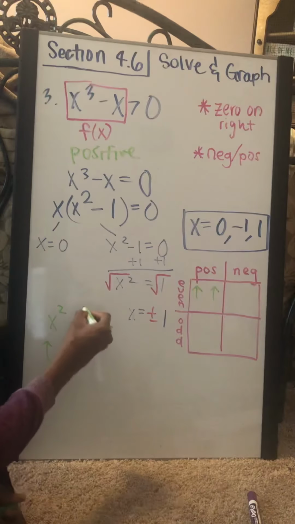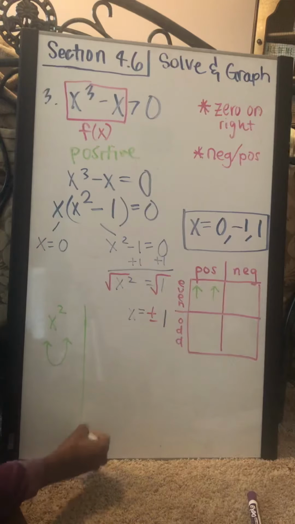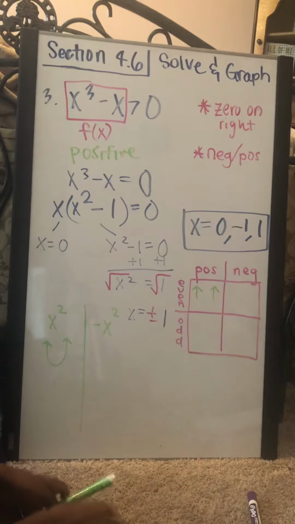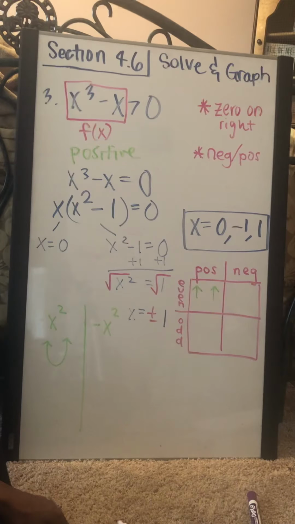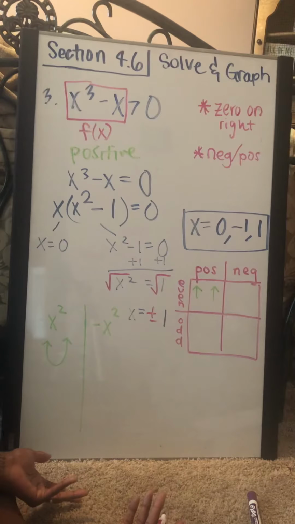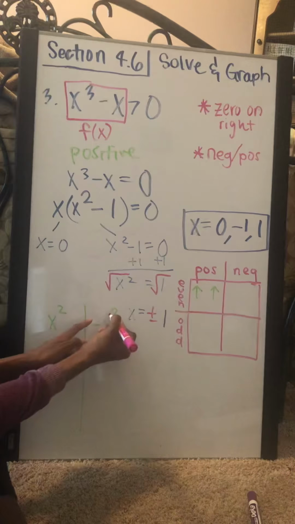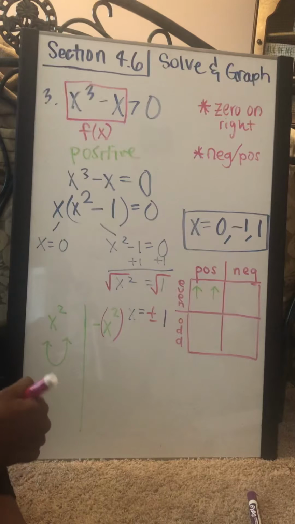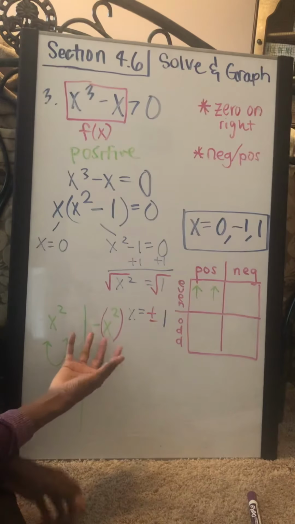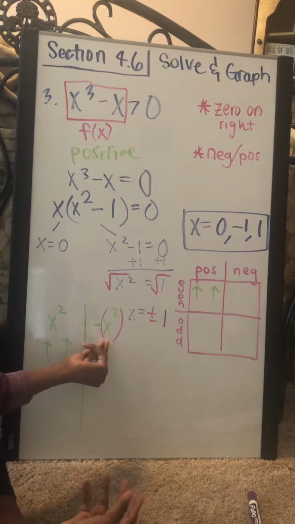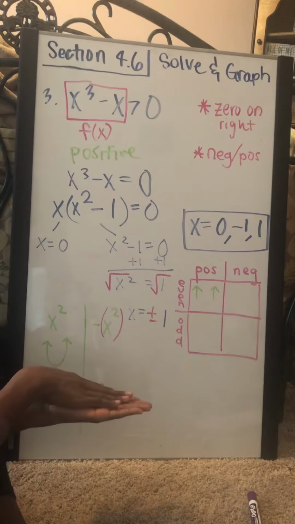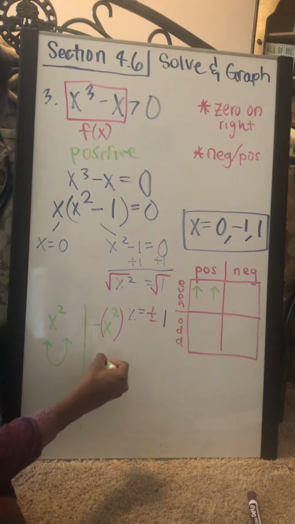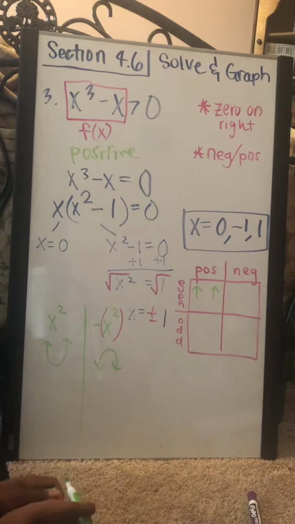Now, let's say we were graphing negative x squared. You have to ask yourself, is this affecting your x, or is it affecting your entire function? Remember, if it was affecting your x, this whole thing would be in parentheses. So this is actually affecting the entire x squared. When you're affecting your function or your y, that means you flip over your x-axis. So here, this would flip completely downward, so we'd have a graph like this.